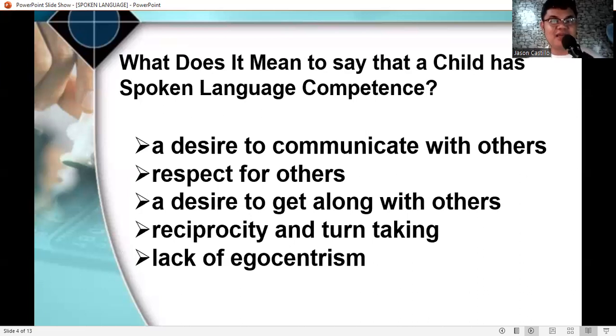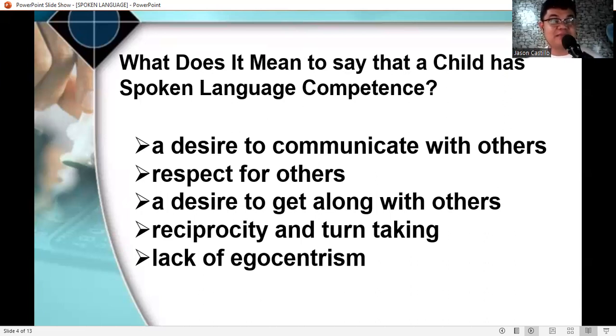And in relation to communication, of course, the child must also respect others. The child must respect the opinion of others. The third one is a desire to get along with others.